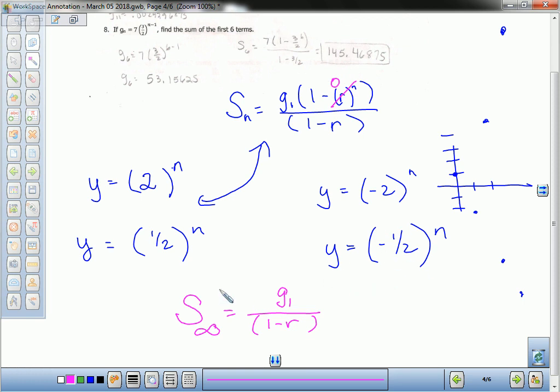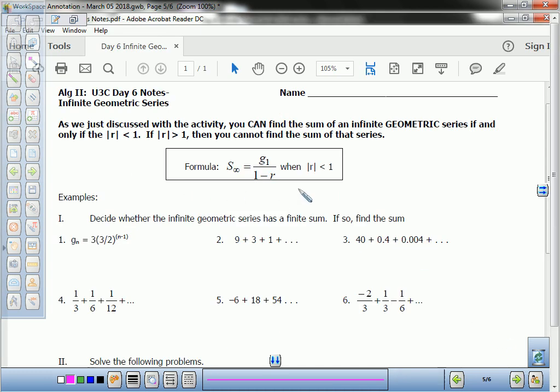So, the absolute value. This works for these two because, as you can see on your notes you just got, it's for values where the ratio is less than 1. Now, the absolute value is less than 1, which means between -1 and +1. That's what this means.